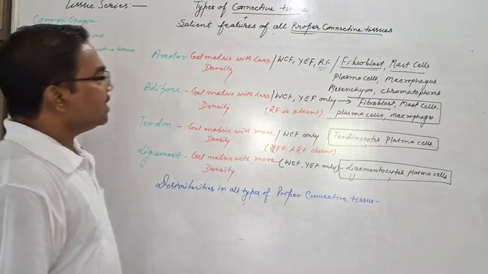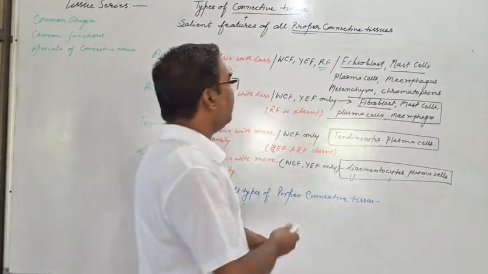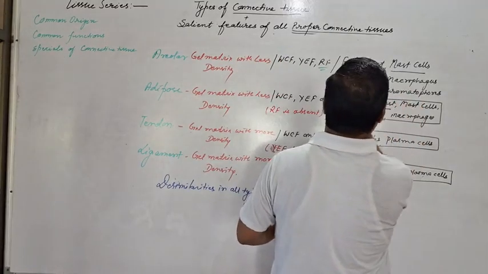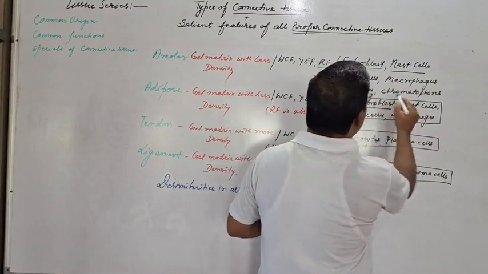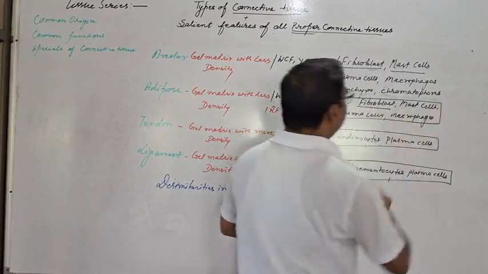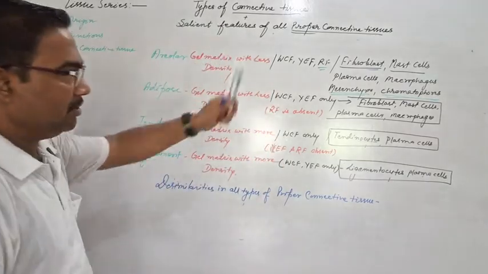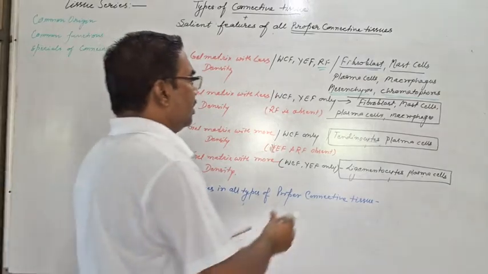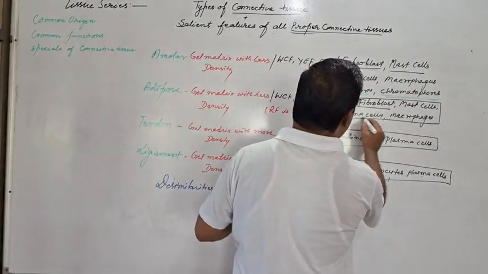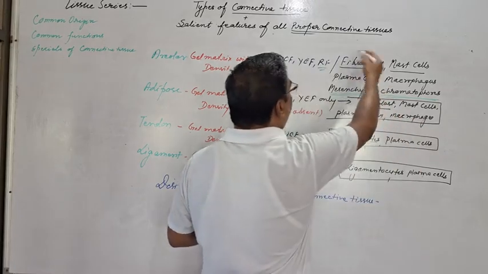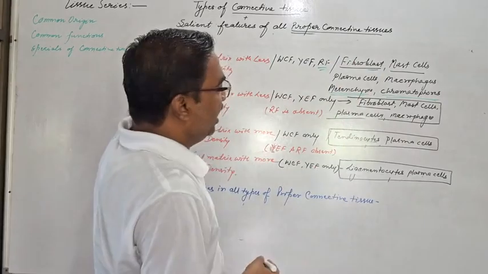In specified cells, the differences are in areolar, especially mesenchyme cells and chromatophores. These are especially present, which are not found in any other. In adipose, all four are found as in areolar.